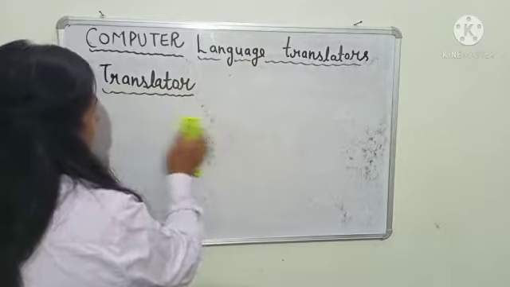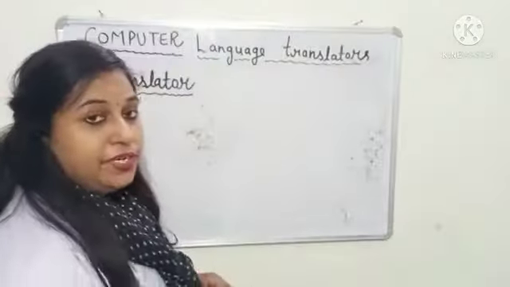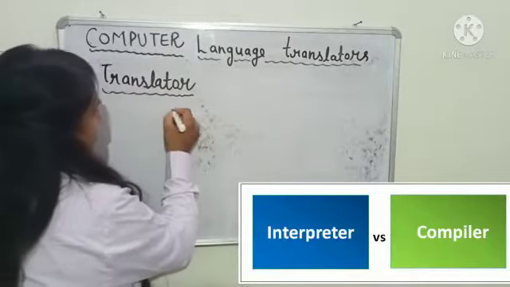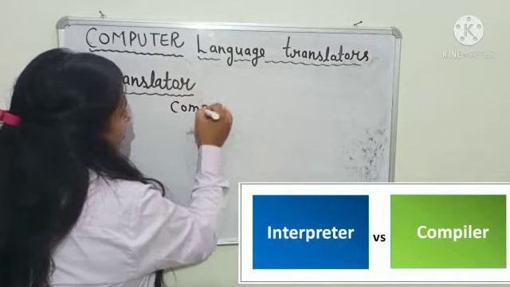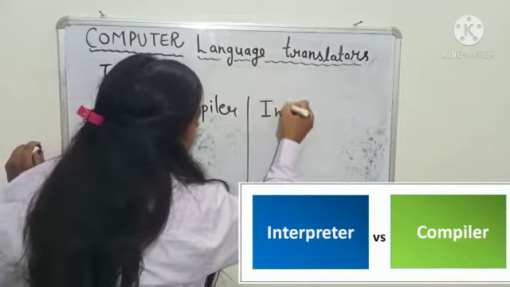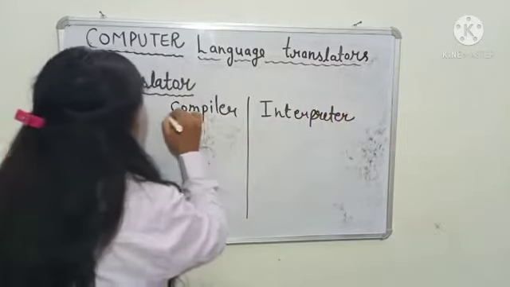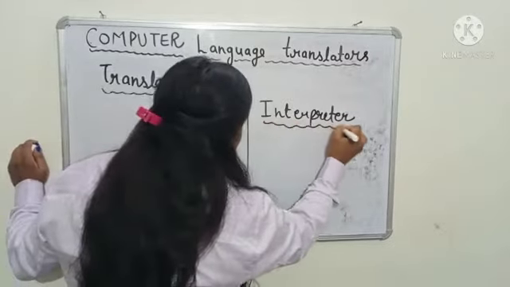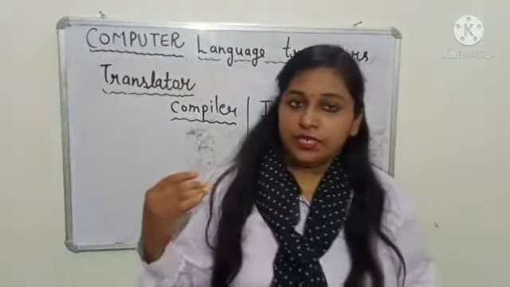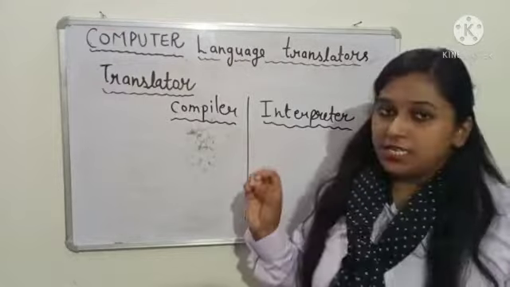So compiler and interpreter both are special programs and both work the same way.